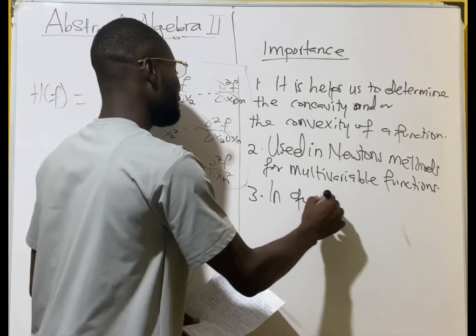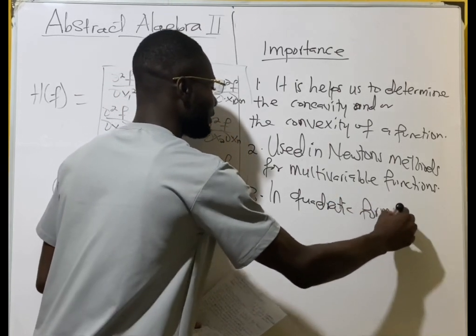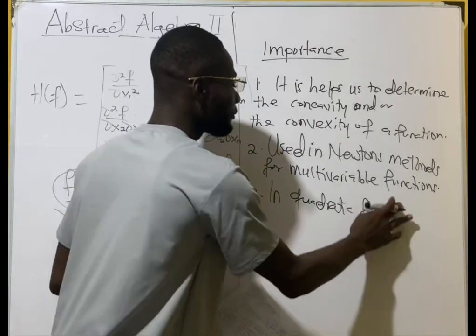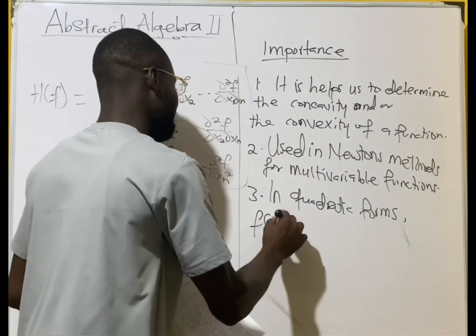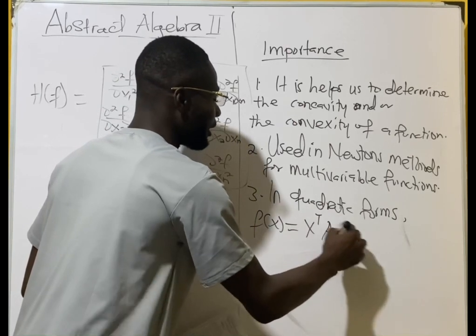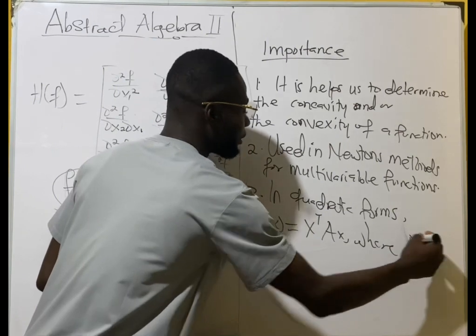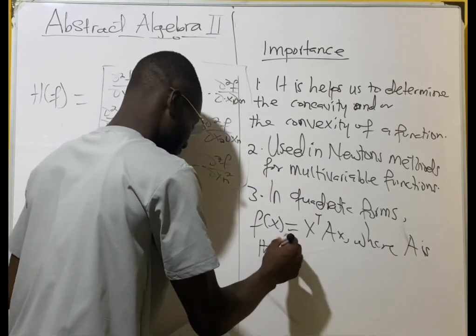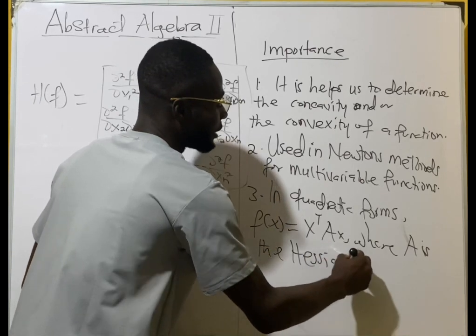So in quadratic forms, let's say a function f of x equals x transpose A x, where A is the Hessian matrix.